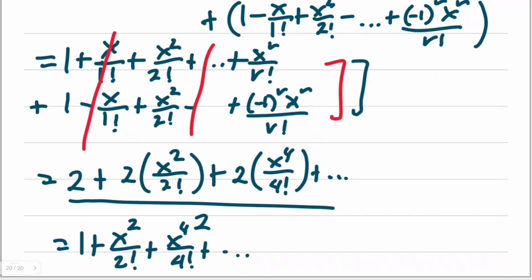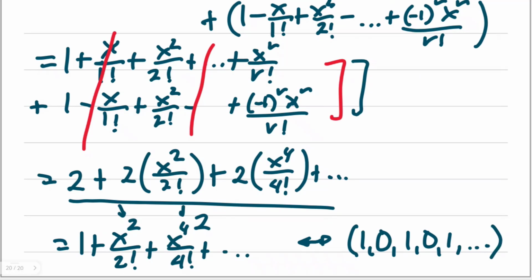But we would see that we include here the terms which are even in terms of exponents. Its equivalent sequence is actually identified in this manner: 1, we don't have x to the 1, so 0, 1 for x squared, 0 for x cubed, 1, and so on and so forth, alternatingly. Now, what does this tell us?